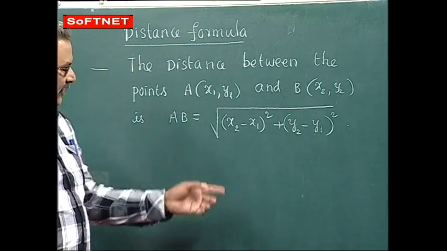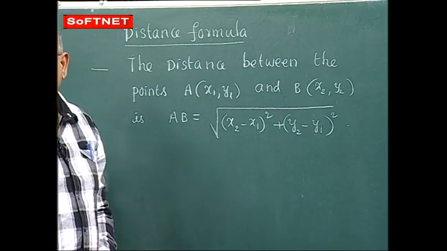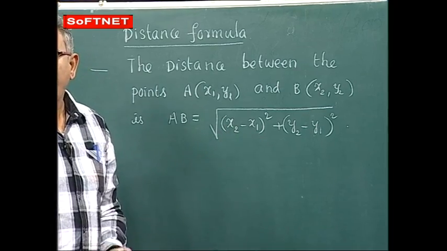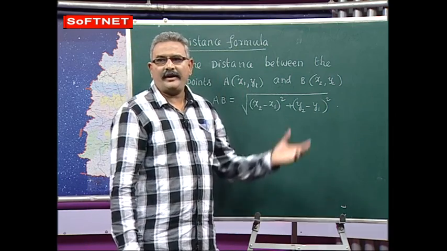You can even write (x1 minus x2) square plus (y1 minus y2) square, no problem. So this is the formula to find the distance between the 2 points A (x1, y1) and B (x2, y2).